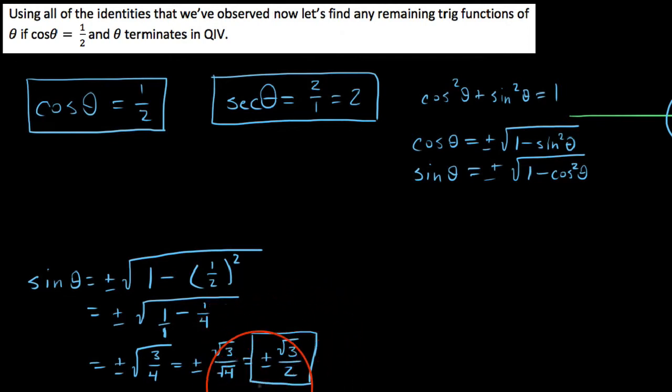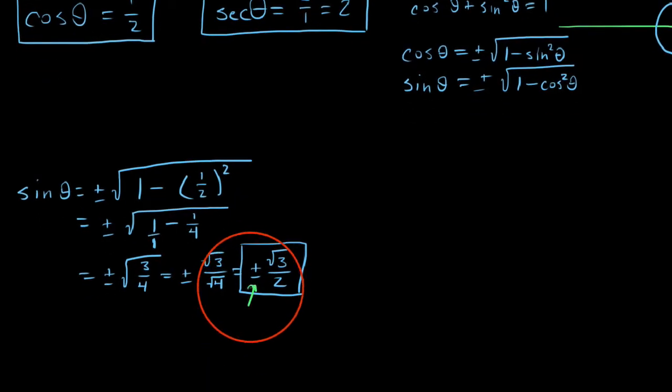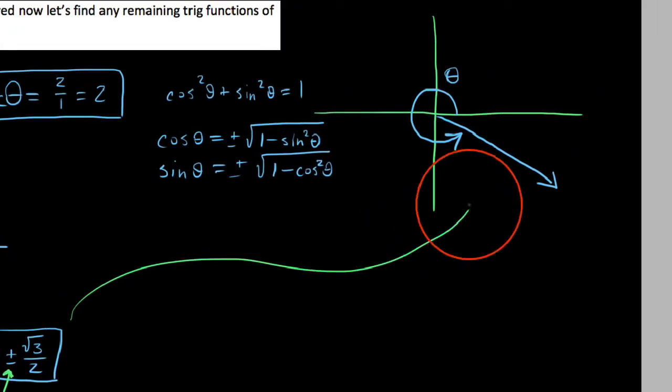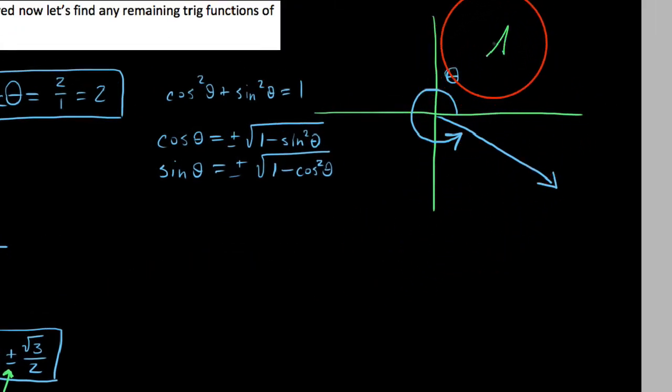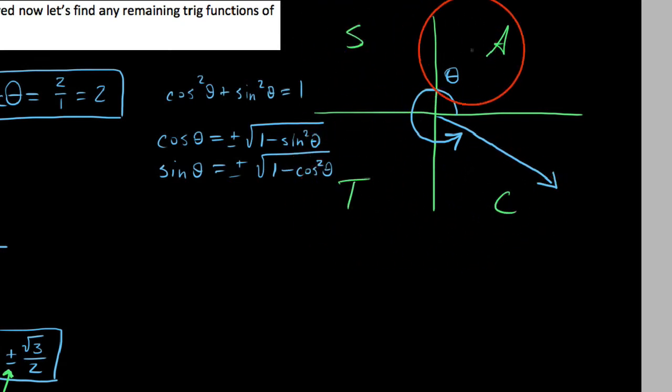Now the question becomes: which one of these should we keep, the positive or the negative one? This goes back up to the fact that the angle terminated in the fourth quadrant. We know this mnemonic, all students take calculus. It tells us which trig functions are positive in which quadrants. Everything else in that quadrant would be negative. For example, all of them are positive in the first quadrant. Only sine, and therefore cosecant, is positive in the second quadrant.